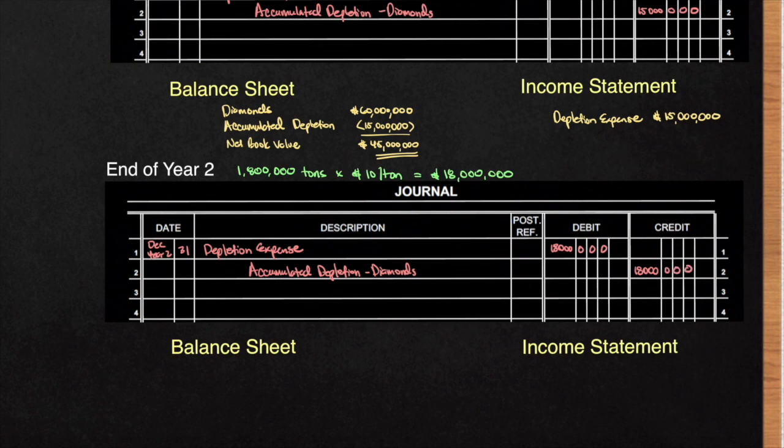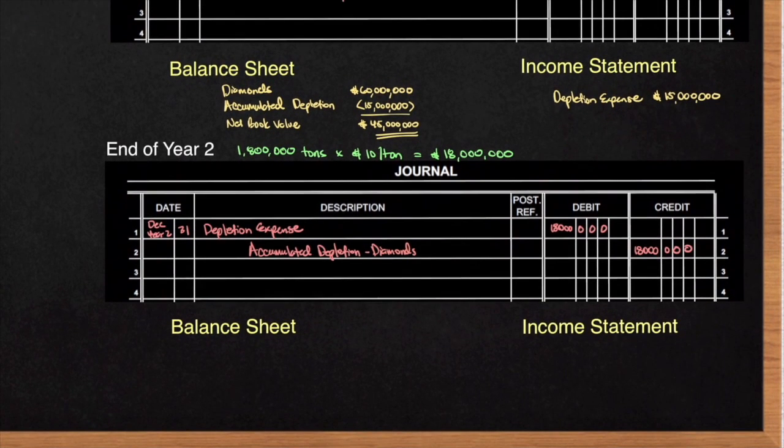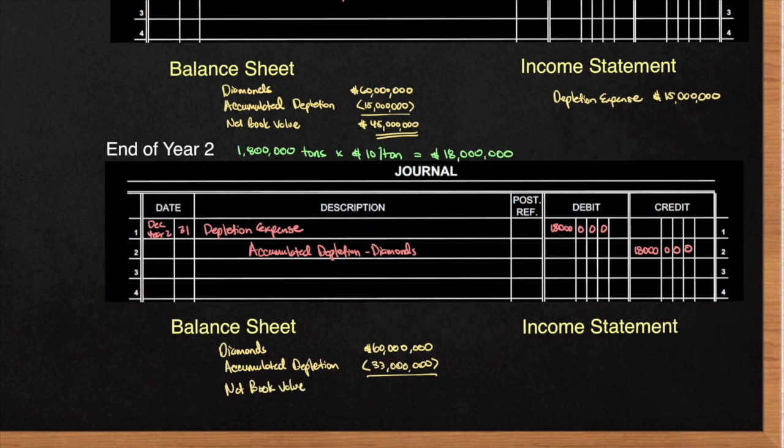We're going to reflect that on the balance sheet just to show you what it looks like. The diamonds originally cost us, or the mine, which the diamonds are at, originally cost us $60 million. Our contra asset in this case is called accumulated depletion. Remember, it's not just the 18 million, but it's also combined with the previous year's depletion, which is 33 million altogether.